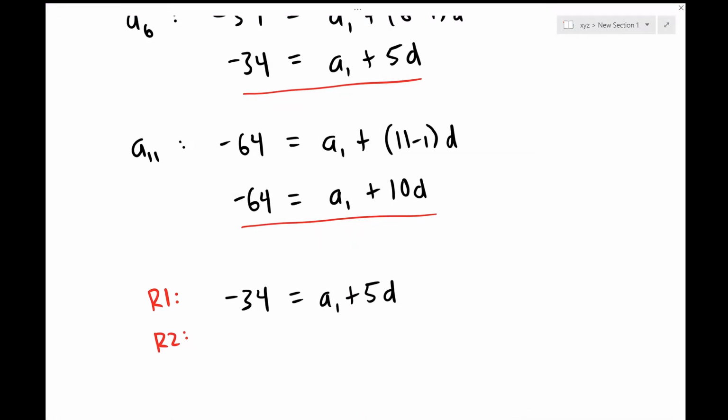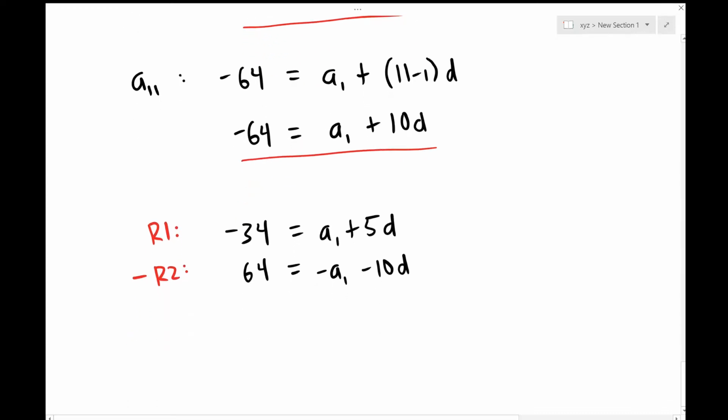And actually what I'm going to do here is to subtract R2. Let me go ahead and put the minus sign in front there. And so I'll distribute the negative to the R2 values. So that would give us 64 is equal to negative A1 minus 10d. And I do this, I'm just using elimination like we've seen in previous sections, in order to cancel the A1 terms.